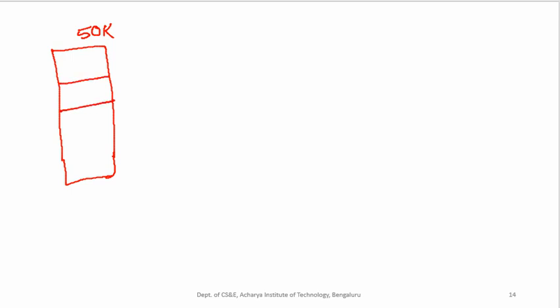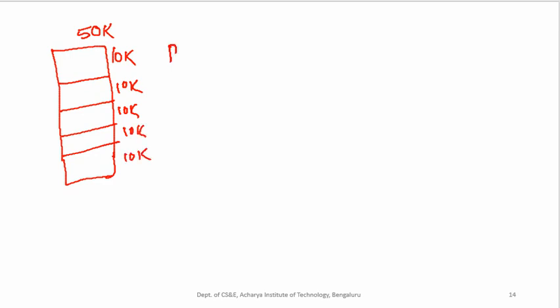Okay, now let's take memory having capacity 50K, and let's say it is now divided into 5 fixed sized partitions. So each partition is of size 10 kilobytes.